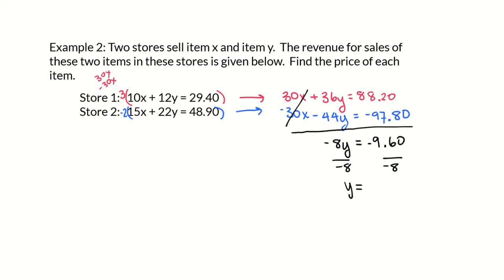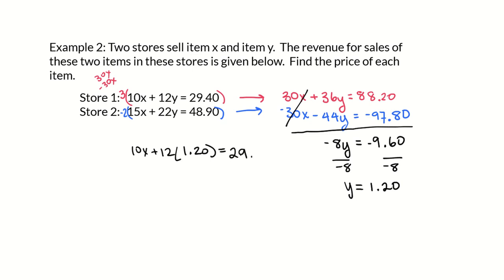And we get y equals 120. And now we substitute back in to solve for x. So we could substitute into either the store 1 or store 2's equation. Either one would work. Let's substitute into store 1's equation. That would be 10x plus 12 times 120 equals 2940.